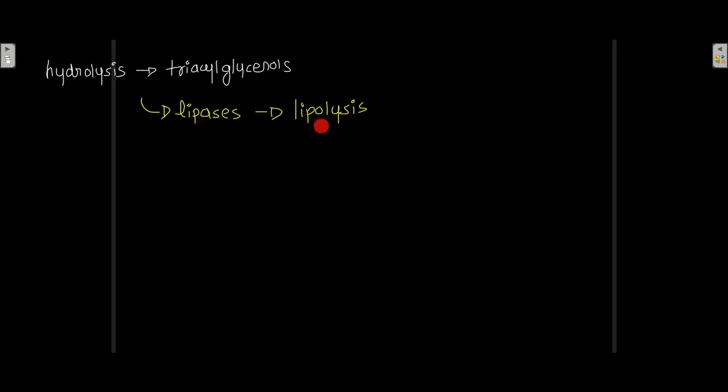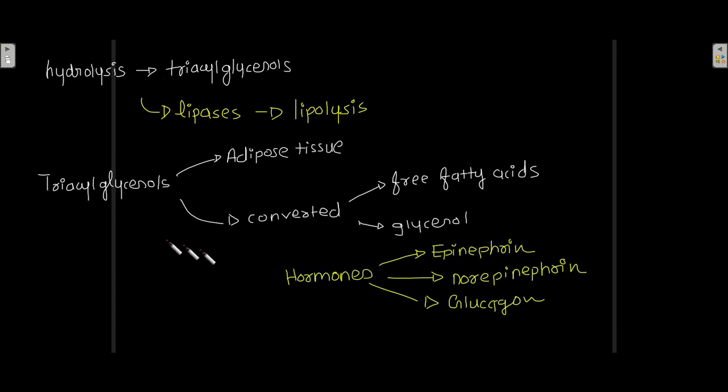Lipolysis is the process of hydrolysis of triacylglycerol, catalyzed by lipases. The triacylglycerols of the adipose tissue are converted to free fatty acids and glycerol under the influence of the hormones epinephrine, norepinephrine, and glucagon.